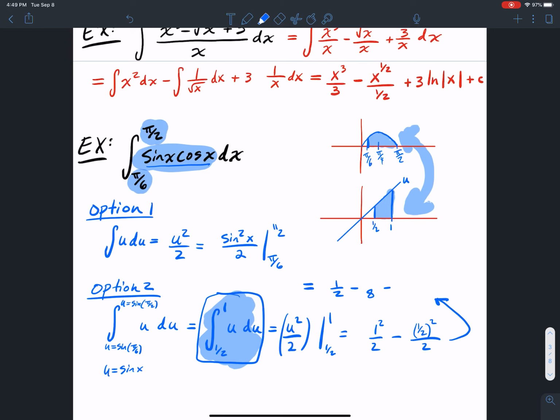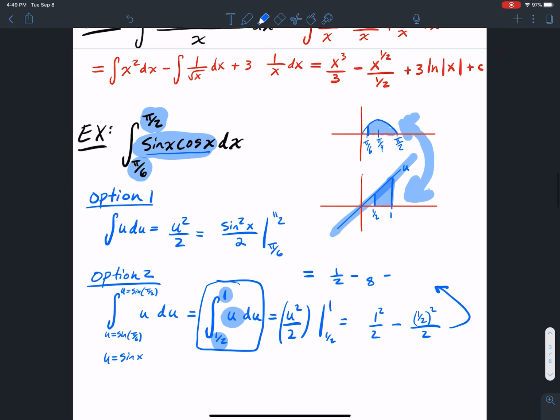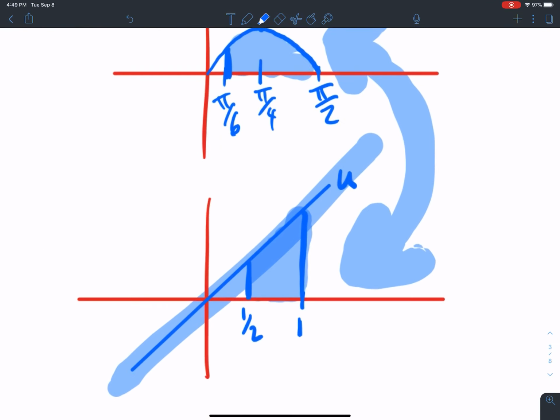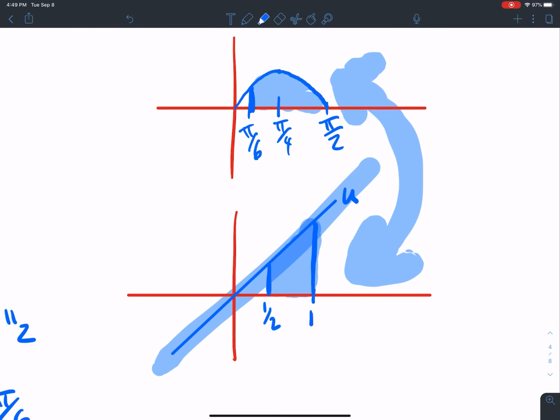And that's the exact same area as if we had gone from just a straight line and gone from 1/2 to 1. It's kind of an interesting idea that we can convert this area that has a weird boundary here into an area that's basically, I mean, guys, I guess that would be a trapezoid, wouldn't it?